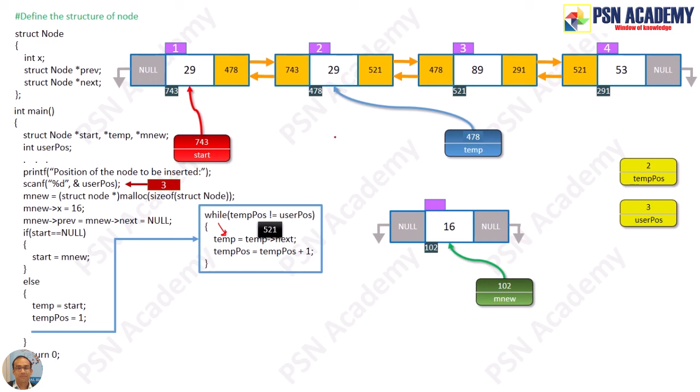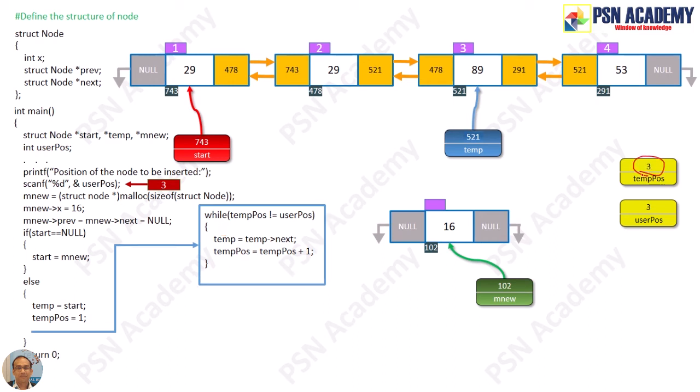So temp will be 521 now, and it starts pointing to 521. Next, we execute temp pose equal to temp pose plus 1. Now temp pose is 2.